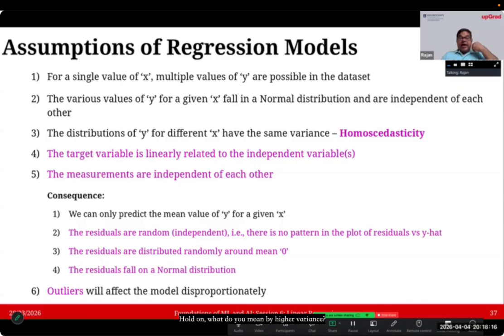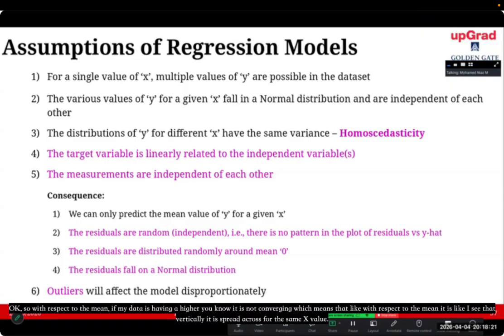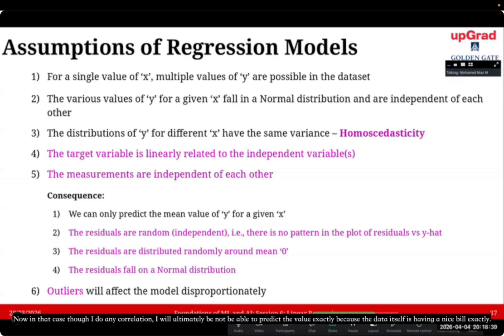What do you mean by higher variance? With respect to the mean, if my data is spread vertically across the same x value, then though I do any correlation, I will not be able to predict the value exactly, because the data itself has noise.